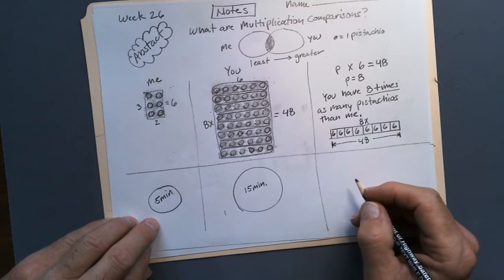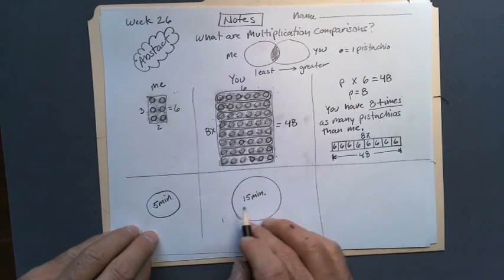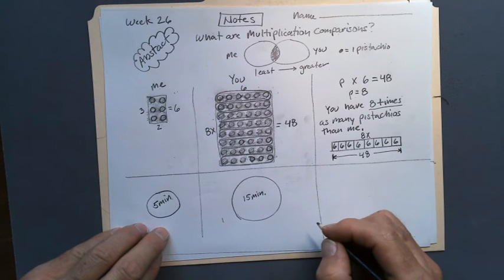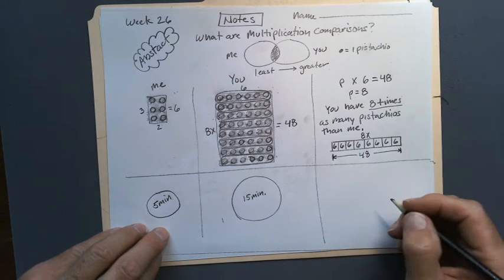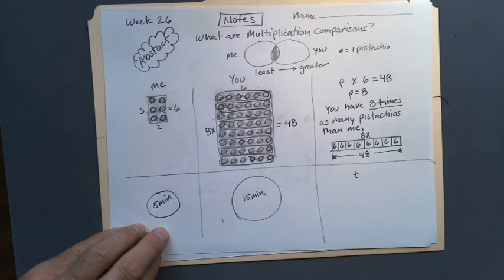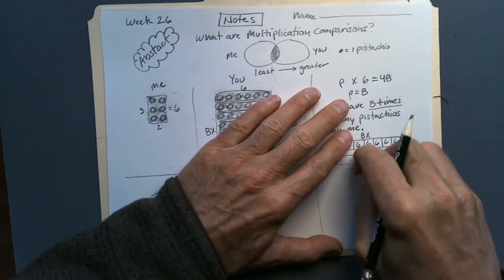And our question would be, how much greater? How much greater is 15 minutes than 5 minutes? You could say, okay, as far as time is concerned, let's put T. We have that for time. Well, let's do the same thing.